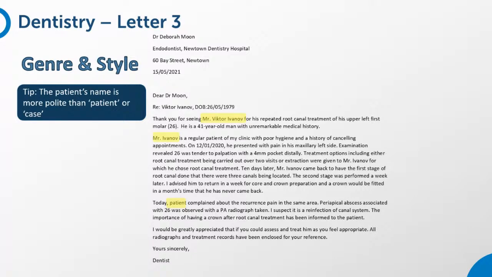These terms aren't seen to be particularly polite. And so for genre and style, the first two options using the patient's name are much more appropriate than the patient that we can see in paragraph 3.